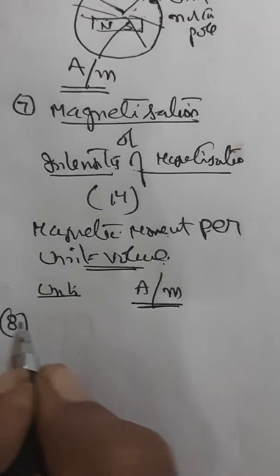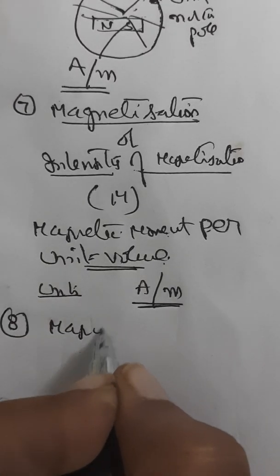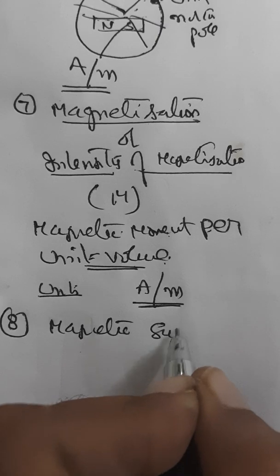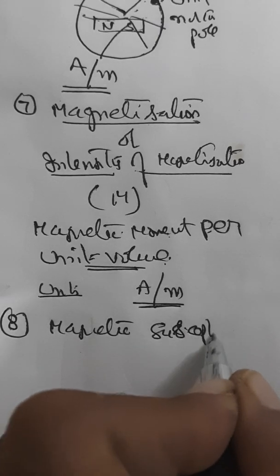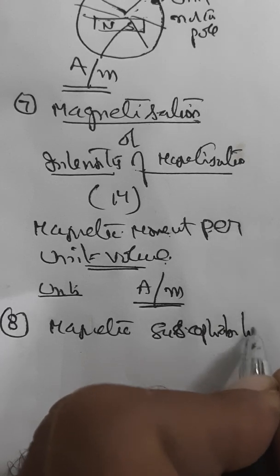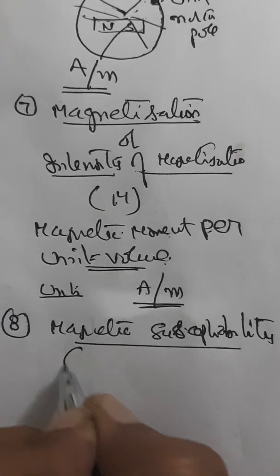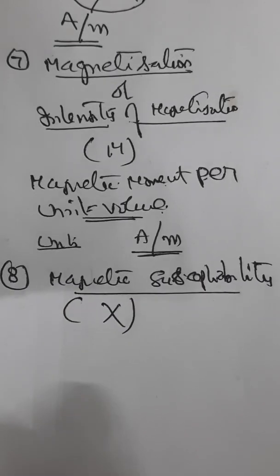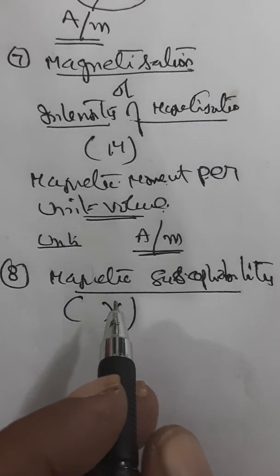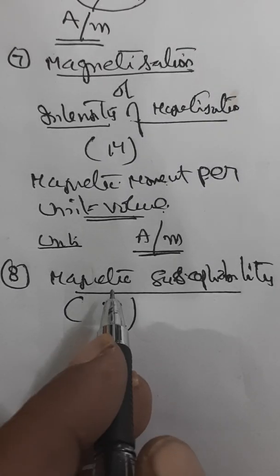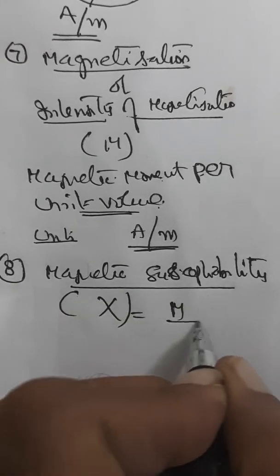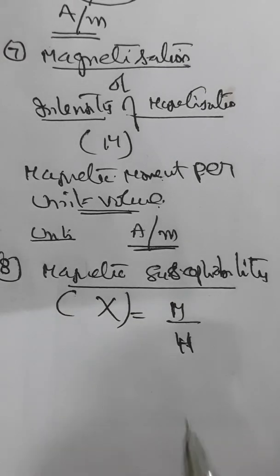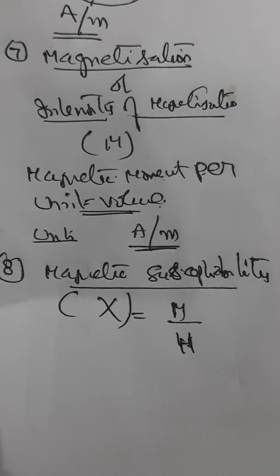Next, magnetic susceptibility, represented by psi. It is also a ratio. It is the ratio between M and H. What is M?